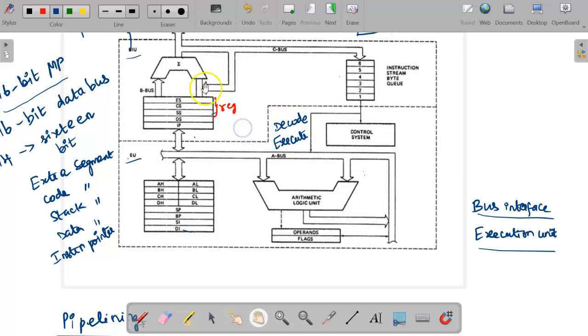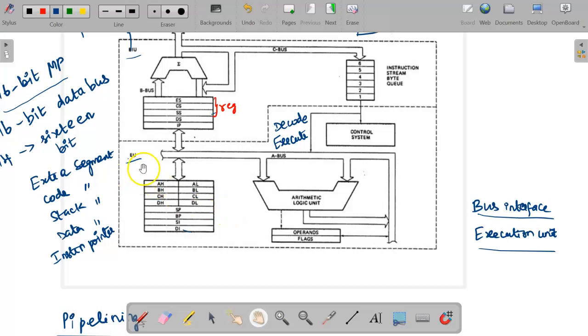I hope you have understood about the bus interface unit. Next we will move on to the execution unit. In the execution unit, as I said, the main things are the decoding operation and executing operation. Then we have the control system, and the ALU, arithmetic logic unit, is responsible for the execution, and the control system is used to control all the internal operations within the 8086.